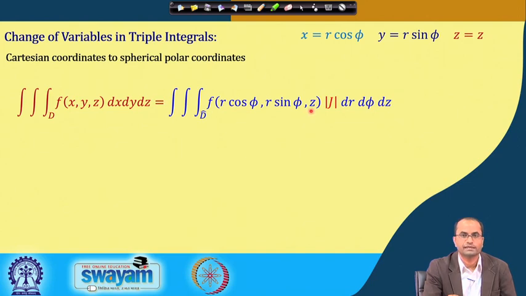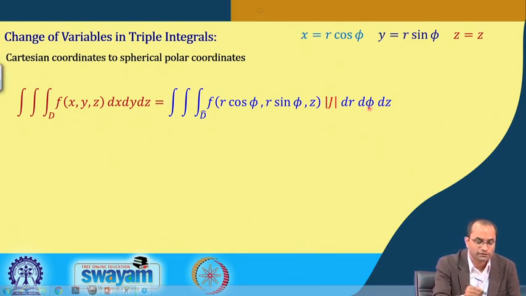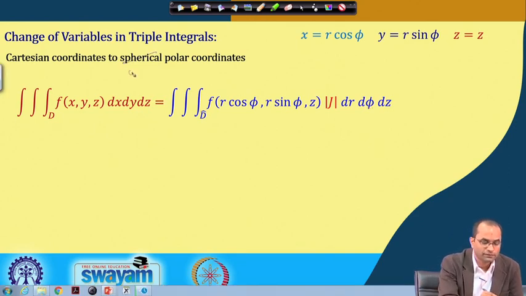So, it remains z, and then this Jacobian term will come again and dr d phi dz instead of dx dy dz, because our variables are r, phi and z now in case of the cylindrical coordinate.